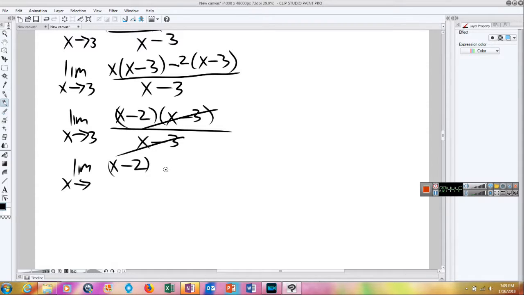Then we're going to continue and replace x with 3. So we can say 3 minus 2 is equal to 1.